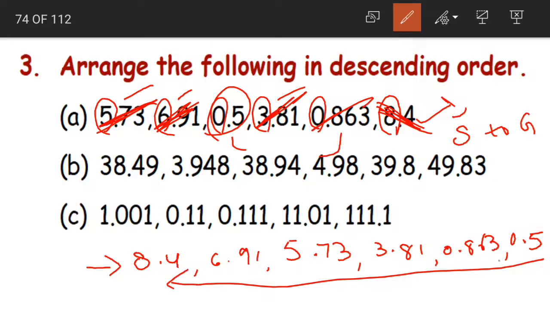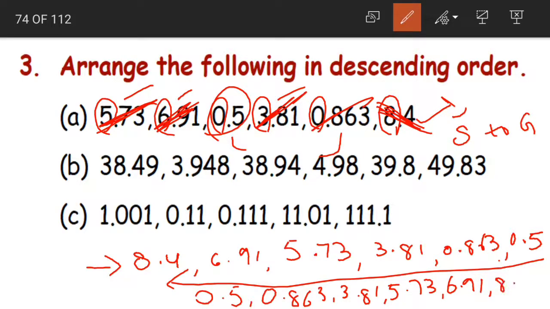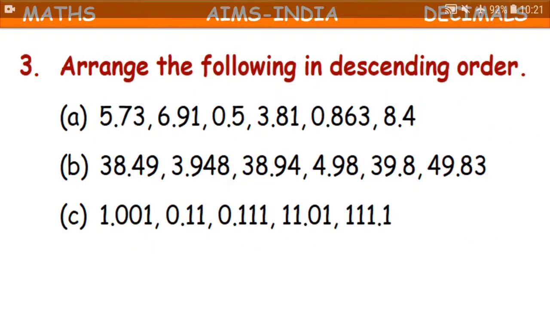The reverse order of this becomes the ascending order. Yes, 0.5, 0.863, 3.81, 5.73, 6.91 and 8.4. So this is our ascending order and this is our descending order for the given set of decimals. I hope this is clear, children.